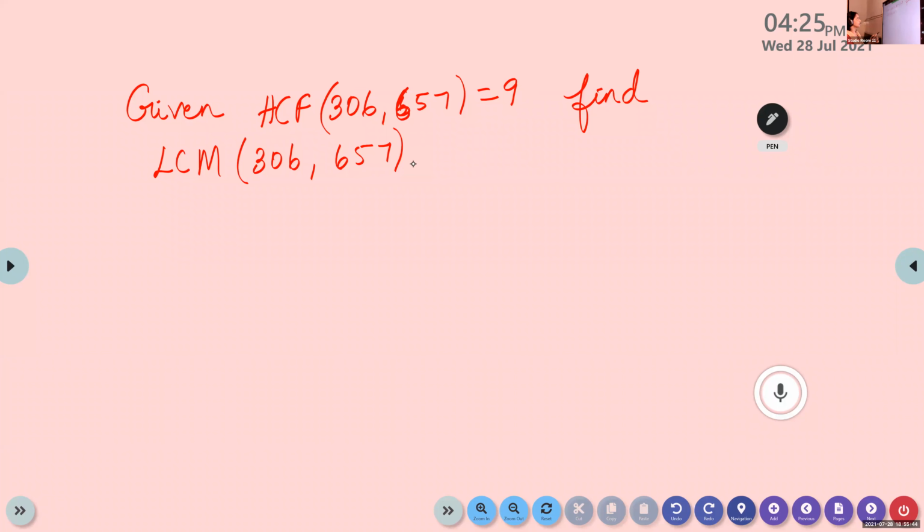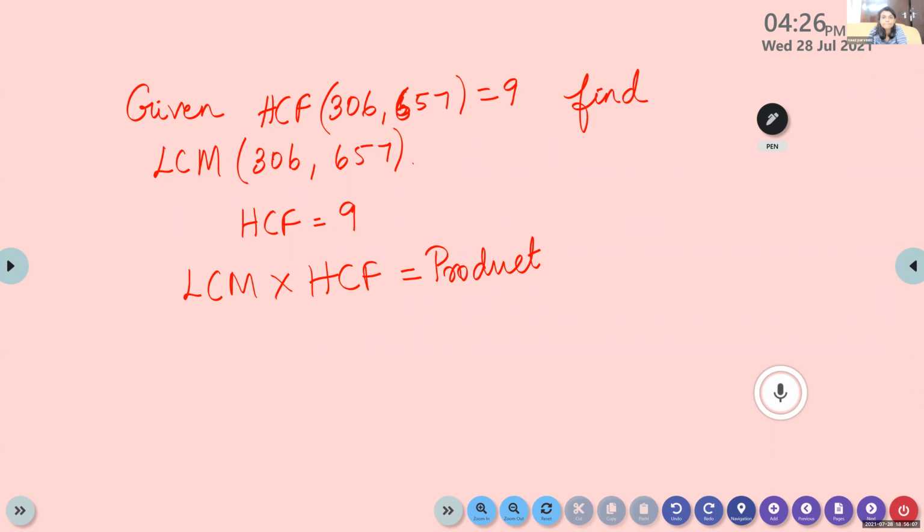Whether the numbers are given. Ma'am, LCM into HCF will get 306 into 657. Very good. So 306 into 657 divided by 9 is equal to LCM. LCM into HCF is equal to the product of the numbers.